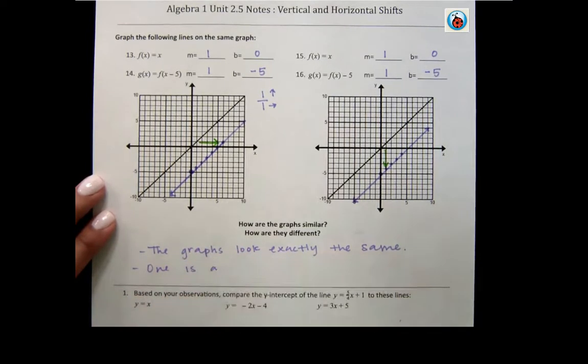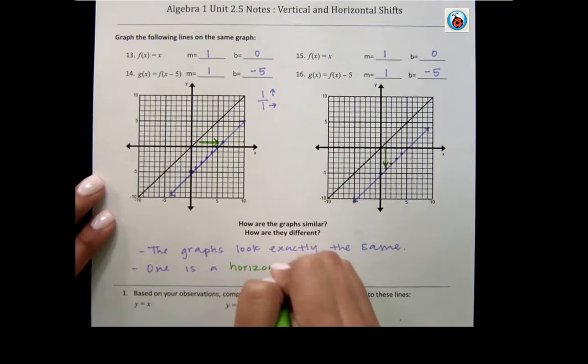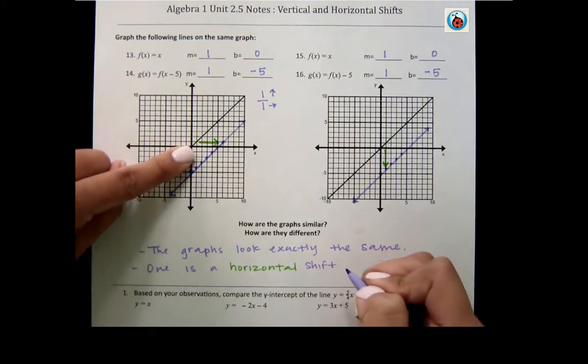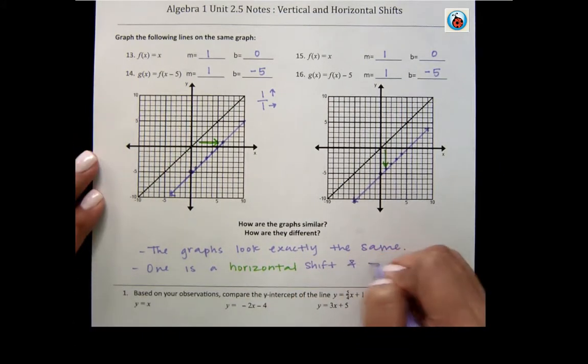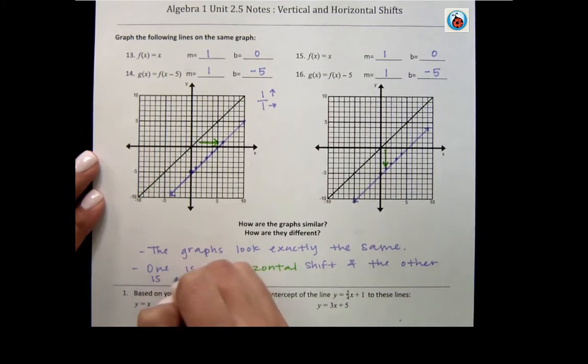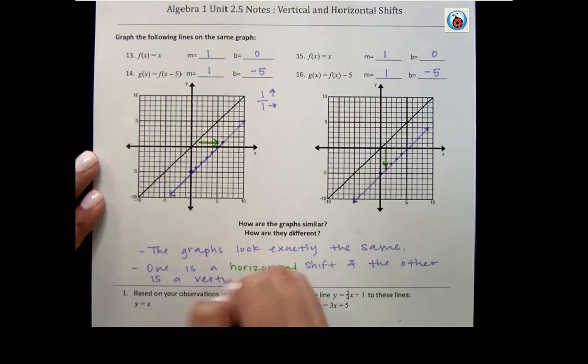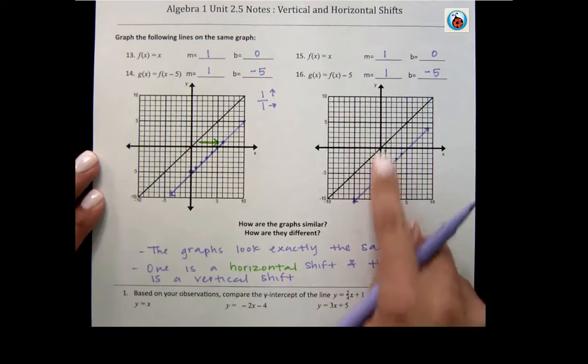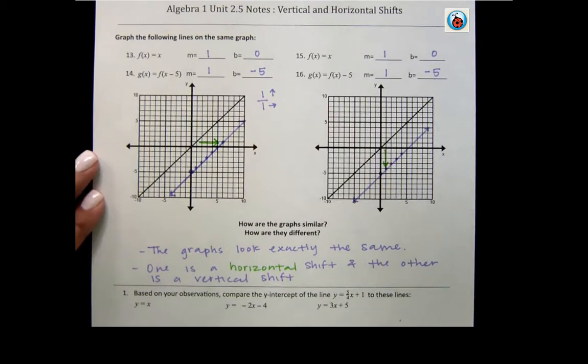One is a horizontal shift, and that's this one because it moves sideways. And the other is a vertical shift. And that's this one because vertical is up and down.